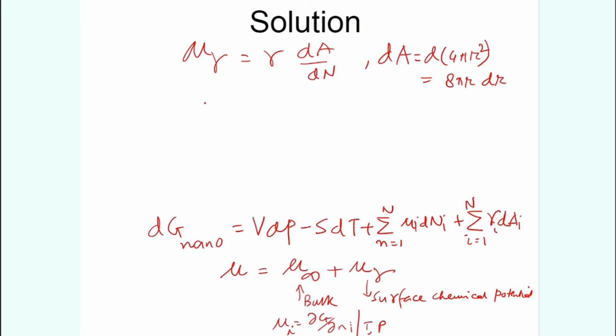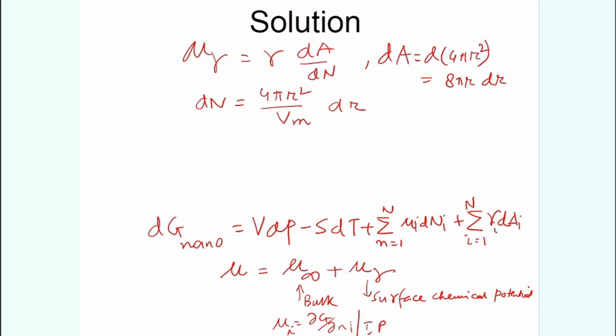So then what is dN? dN is basically 4 pi r square dr by Vm, where Vm is the molar volume of one mole. That is the change in the number of atoms. Am I clear? Not clear.